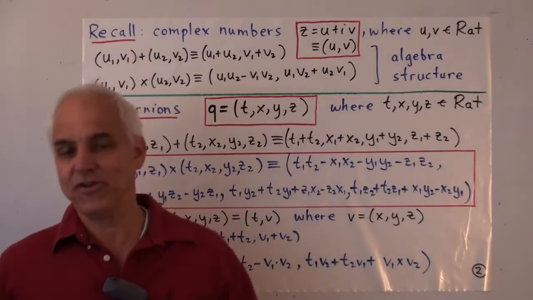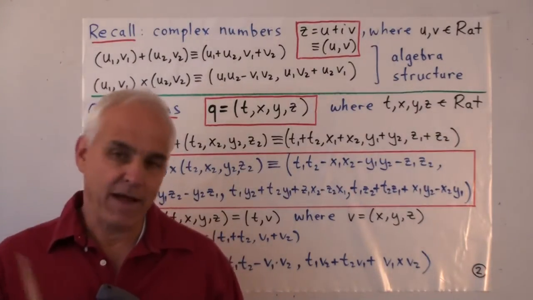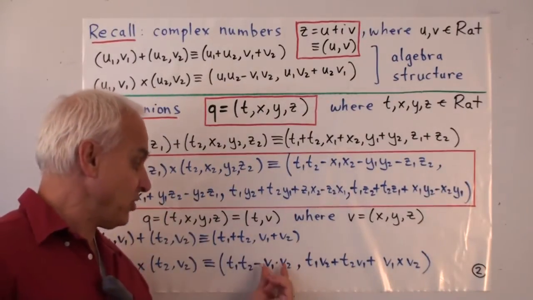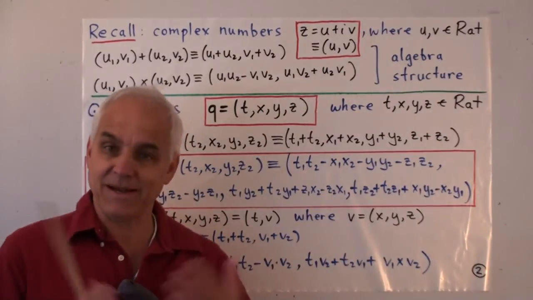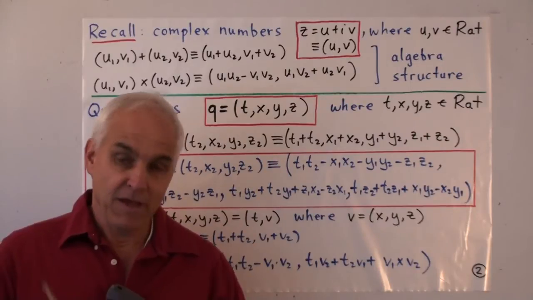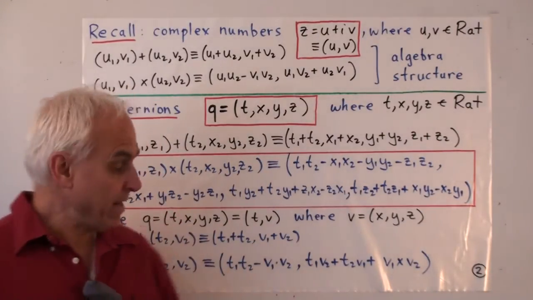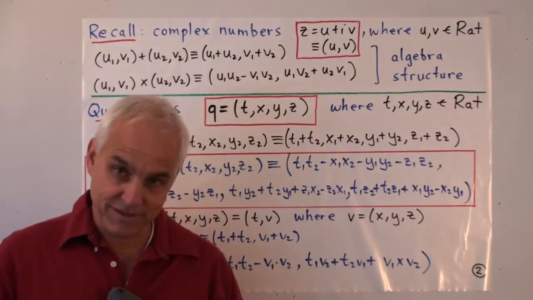Historically, it's interesting to point out that Hamilton introduced his quaternion structure before the idea of a dot product and a cross product had been clearly enunciated. That only came later on. The American mathematician Gibbs basically introduced those 2 notions.